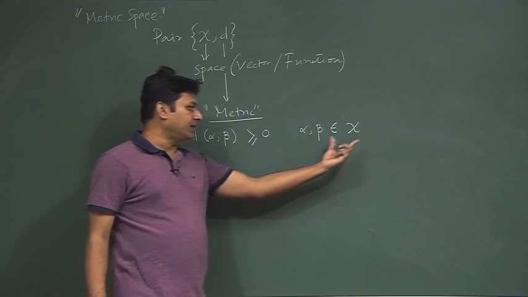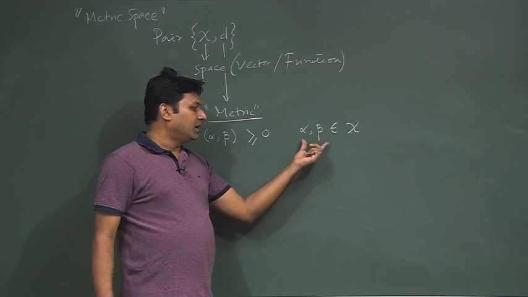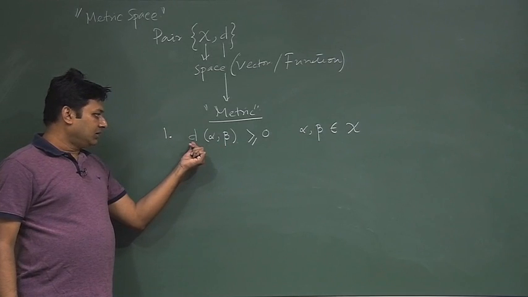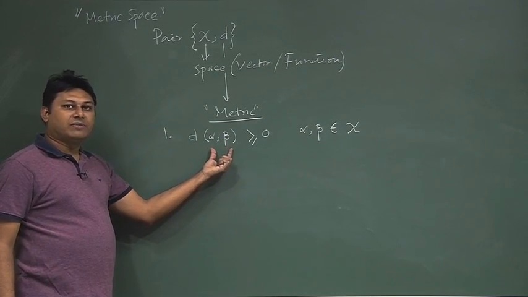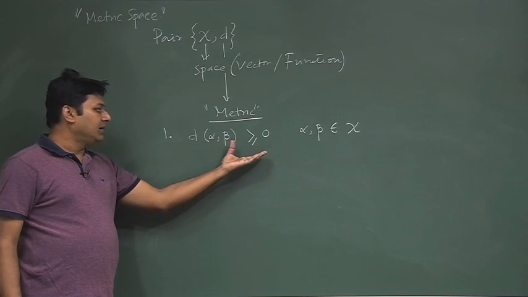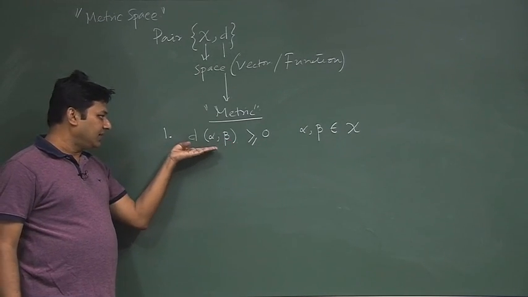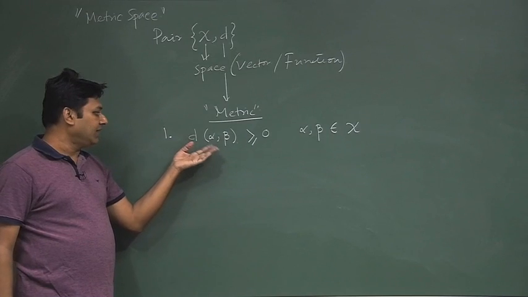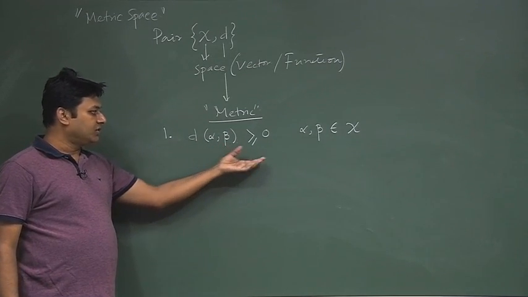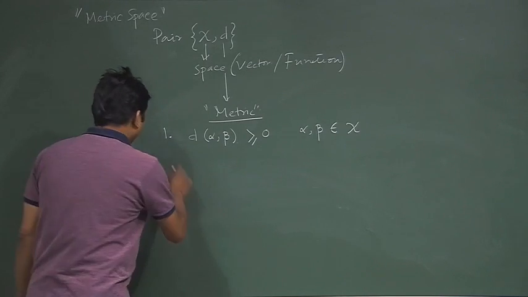If this is a vector space, alpha and beta are 2 vectors. D is related to alpha and beta in such a way that it should be greater than or equal to 0. How it is related, so far I do not know, but this is the first property.